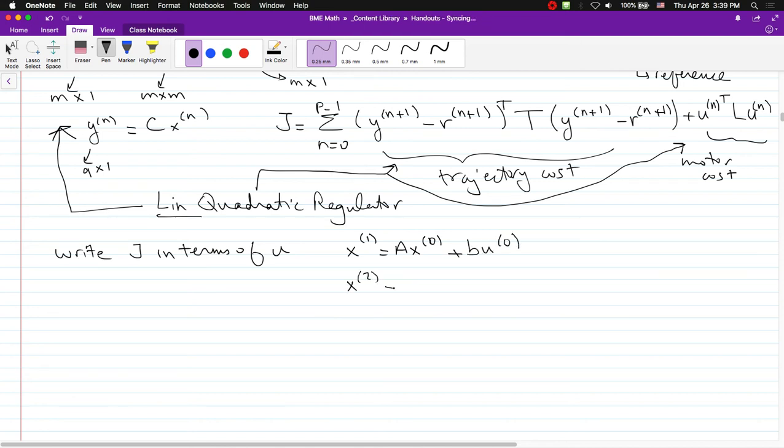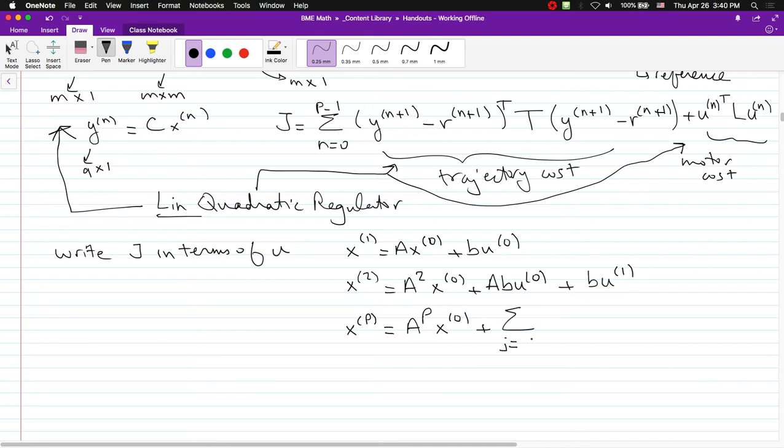X at time point 2 is A times x at time point 0 plus B at U time point 1. So in principle, x at time point P is A raised to the power P times x at time point 0 plus some sum, J equal to 0 to P minus 1, of A to the power P minus 1 minus J times B times U of J.